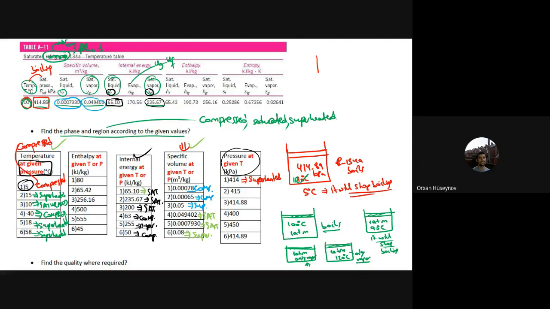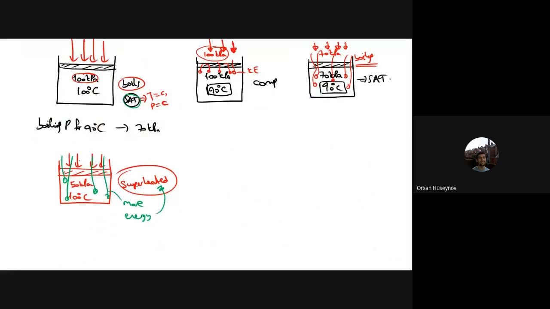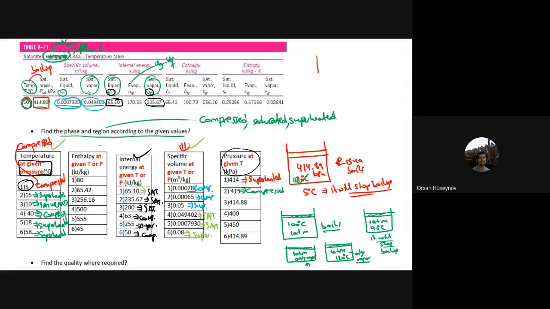Two people said compressed, and one person says superheated. Let's take one more person and then finish this one. So the true answer is, of course, the compressed one. Because if you increase the pressure, it will be difficult for fluid molecules to leave the system. Therefore, it will change to the compressed region.